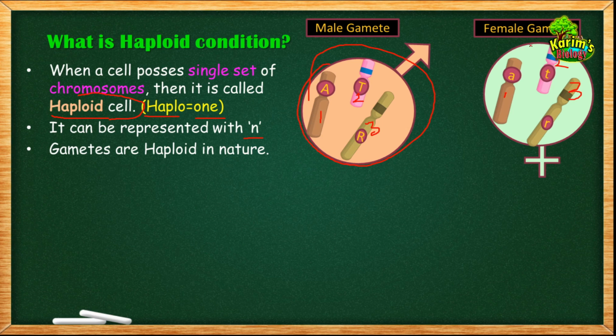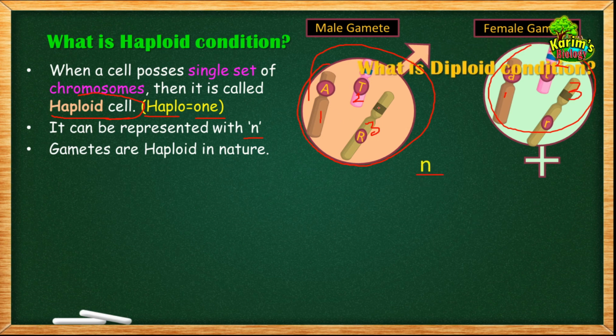So I can consider these 3 together as a single set of chromosomes. In other words, this female gamete also consists of a single set of chromosomes. Hence, this gamete can also be considered a haploid cell or haploid gamete. And I already told you that they can be represented with the letter n.